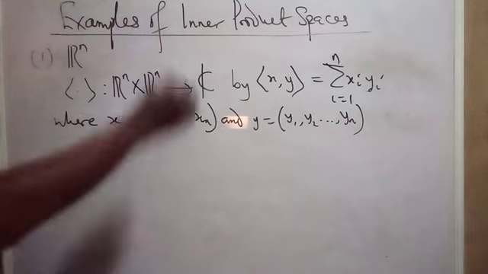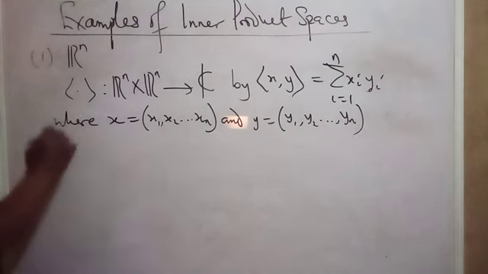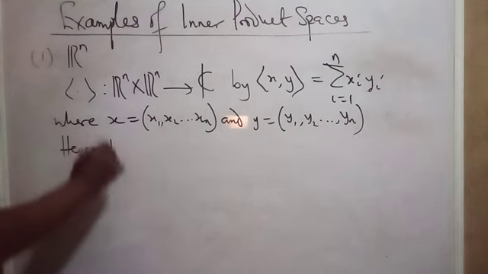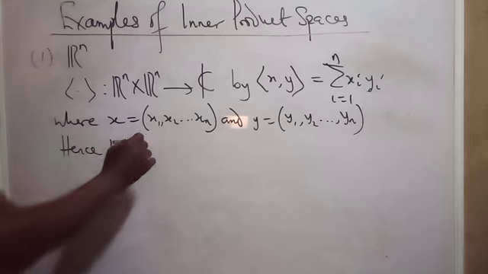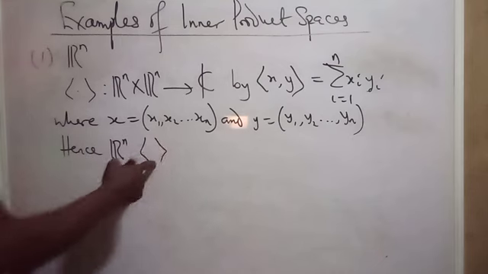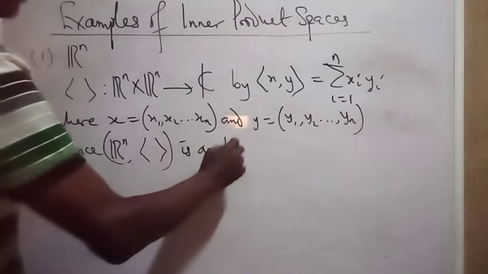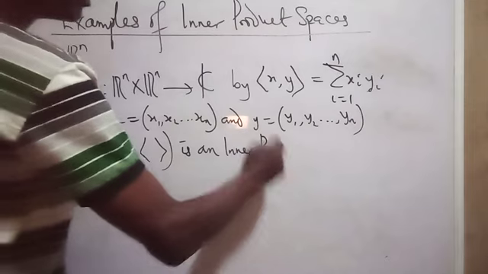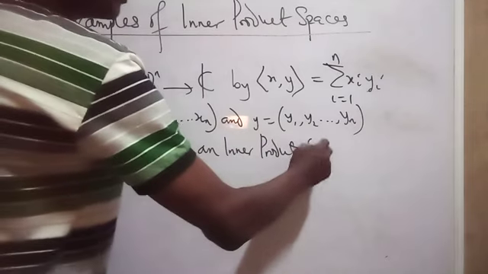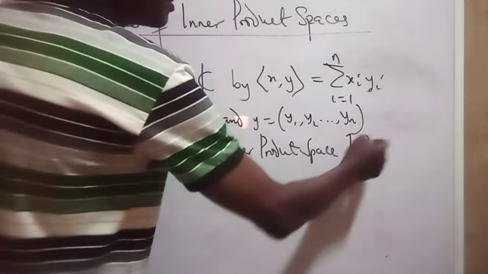So the combination of Rn together with this inner product is an inner product space, an IPS.